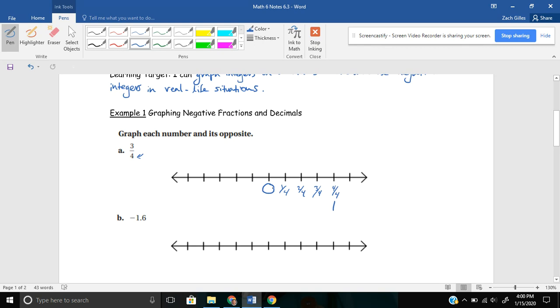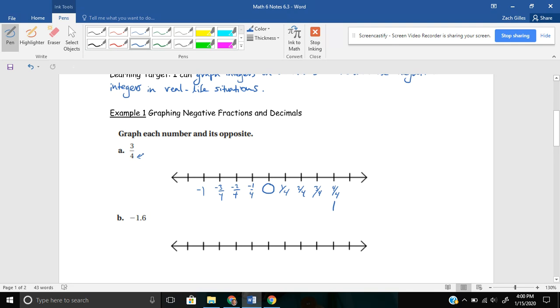And it would go the same in the negative direction. This would be negative 1/4, negative 2/4, or negative half, negative 3/4, and negative 4/4, or negative 1.